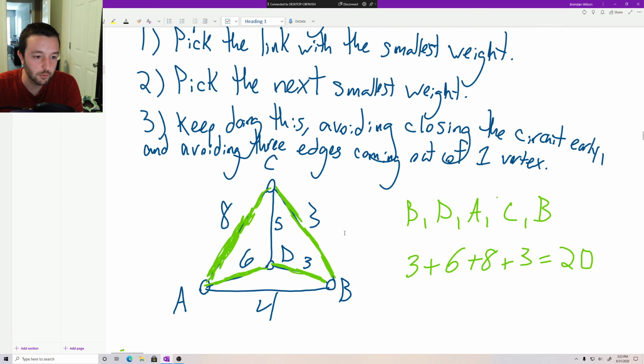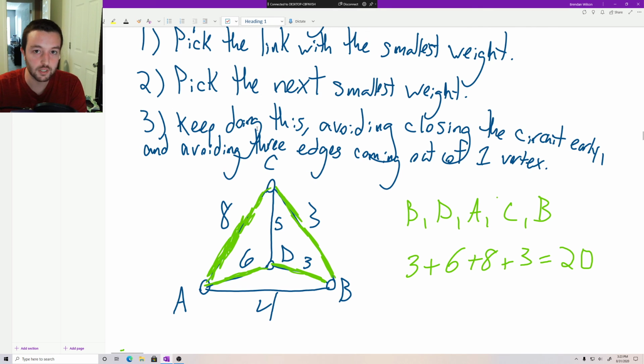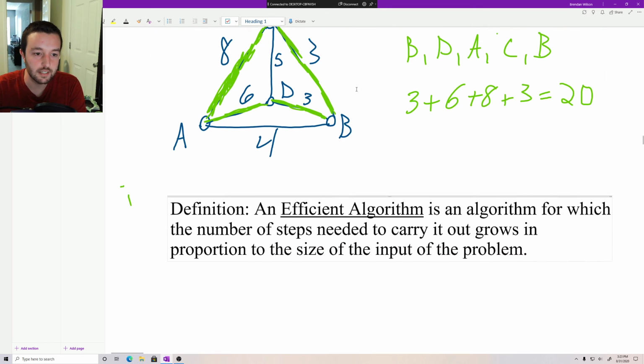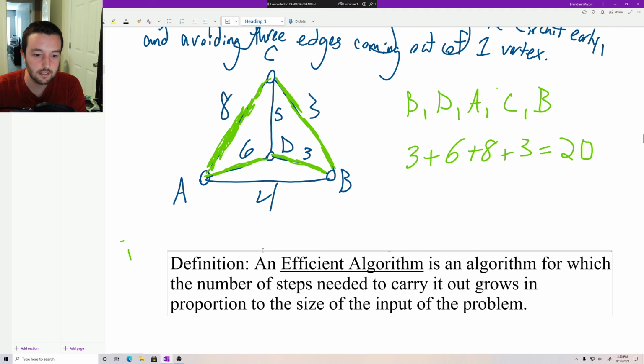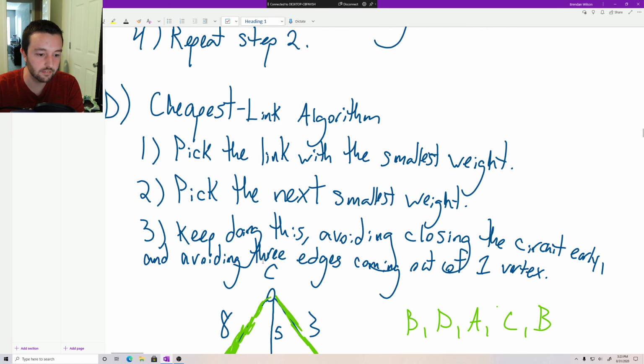So that means if we have 4 vertices and this takes 4 steps, let's say, then if it has 6 vertices, it should have a proportional number of steps. Like, for example, if it has 2 vertices, then there's 1 step, or 2 steps.